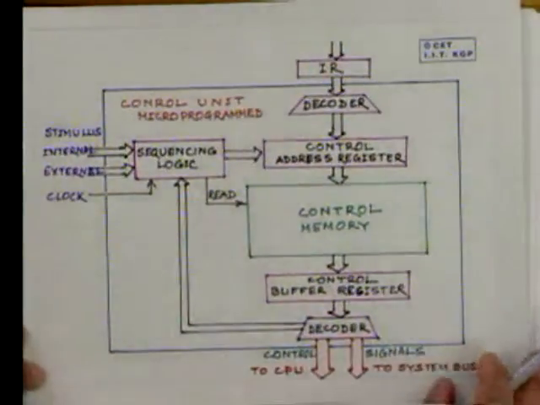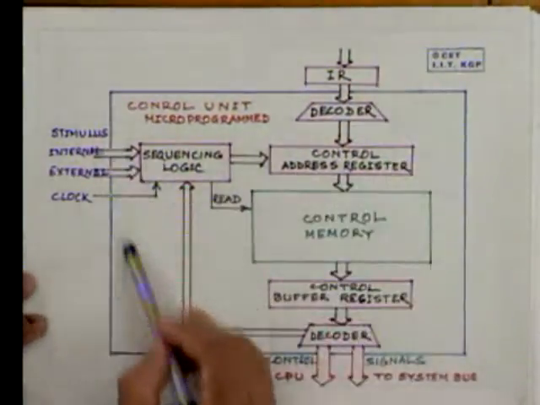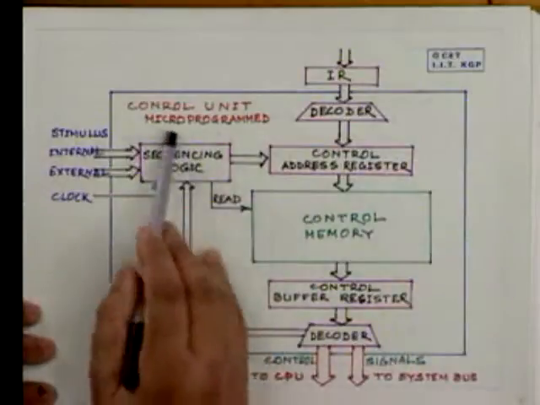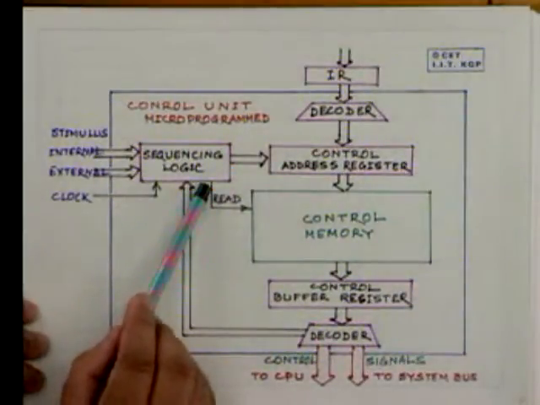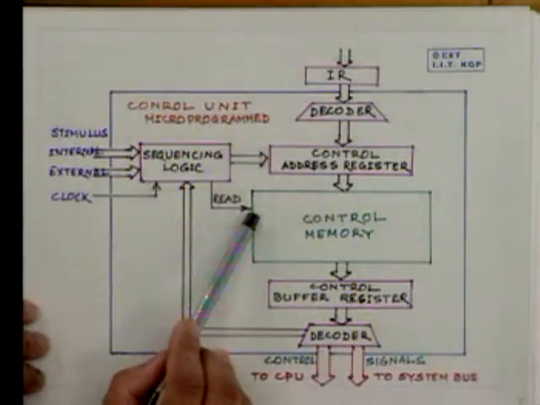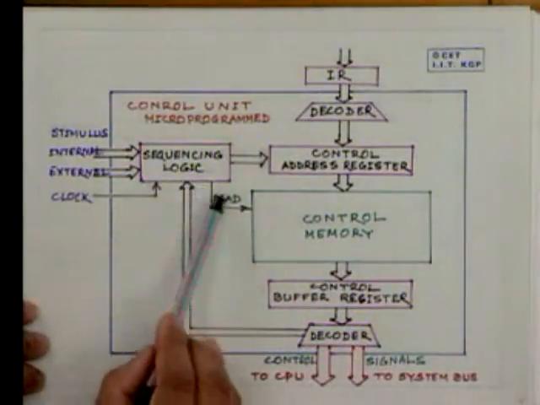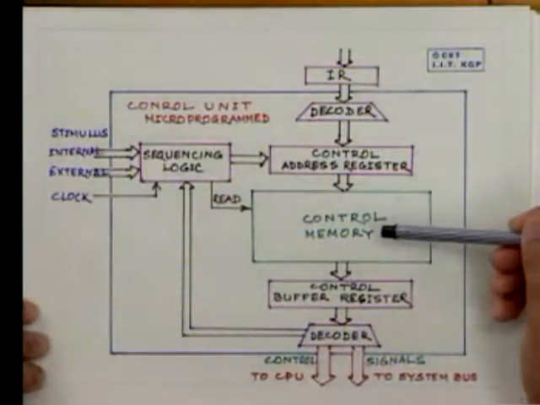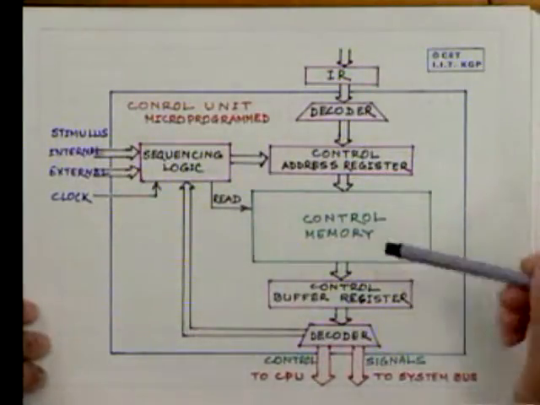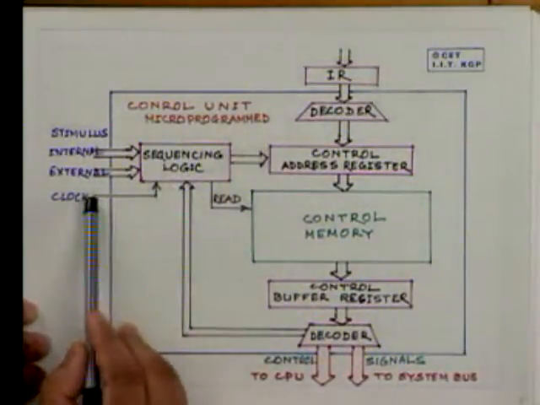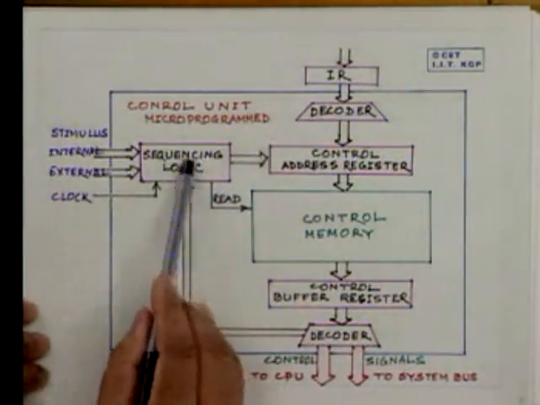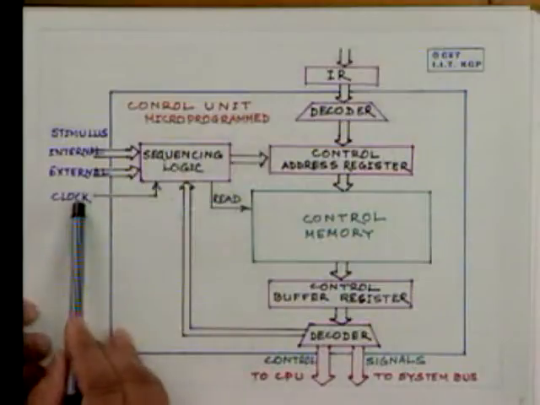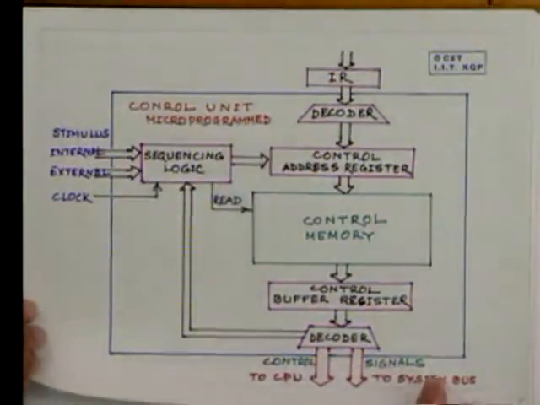This, therefore, you see, is the general structure of a microprogram control unit. The sequencing logic also gives a signal to read the content of the control memory, and an input to the sequencing logic will naturally be the clock. All the operations will be synchronized with the clock signal, right?